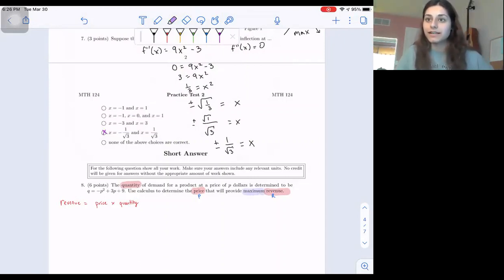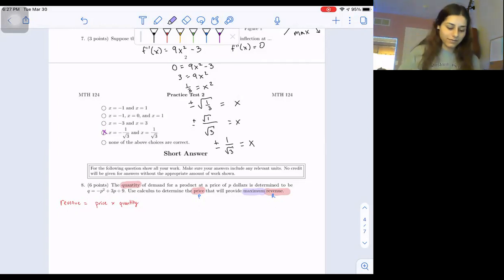When you're dealing with calculus, maximums always make you think of the first derivative, because when you find the first derivative, you can find critical points and see if there are any maximums or minimums. So for maximum revenue, we're probably going to find the revenue function from this quantity function, then take the derivative and find those critical points to find the maximum of the revenue.